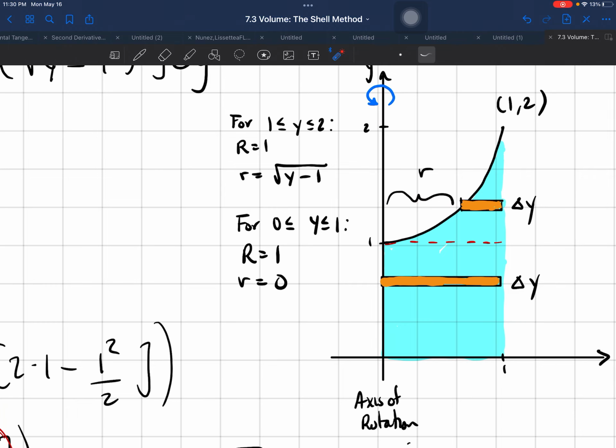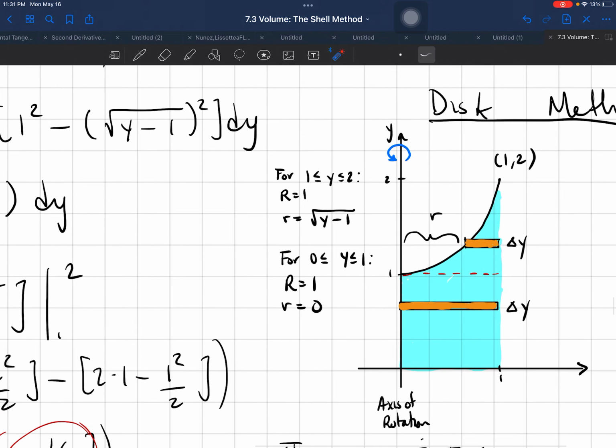But when we're trying to determine the height and the radius, the big radius is going to be 1. But for the small radius, they both have different ones. So we have to separate it, because this one has a radius that is different than this radius over here.